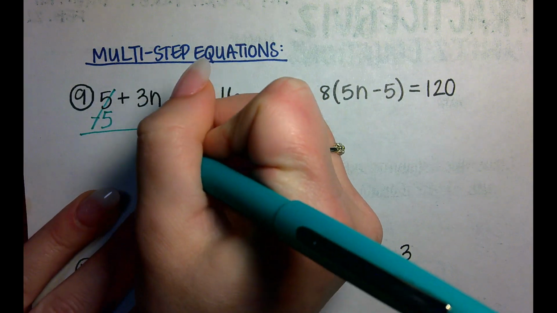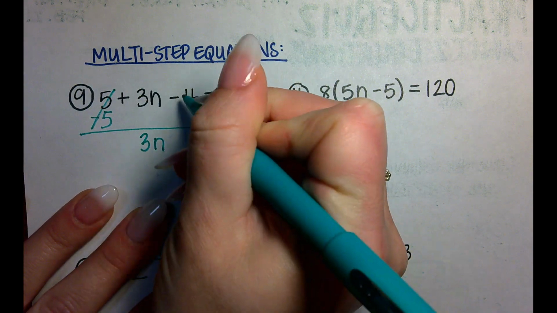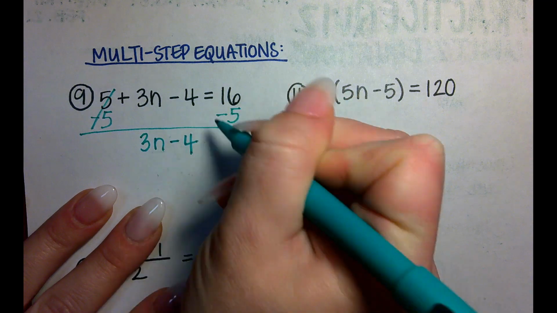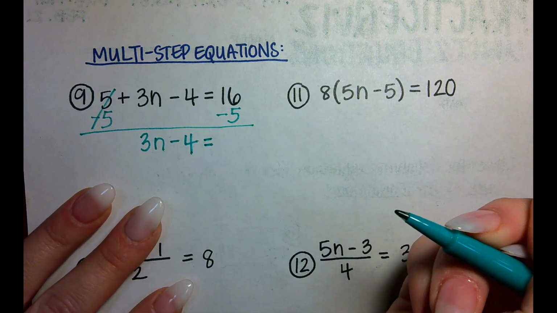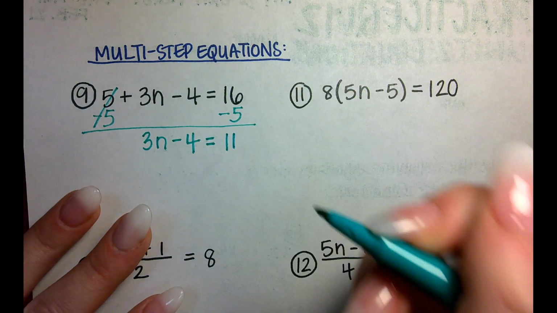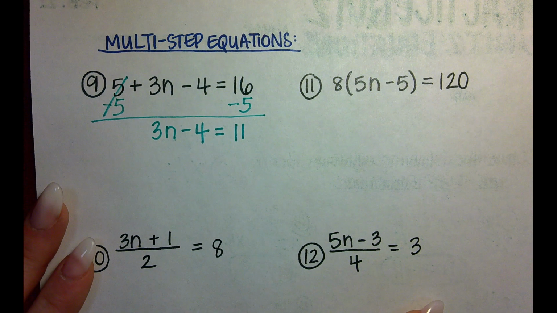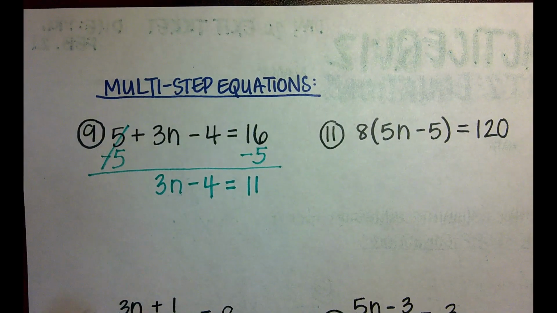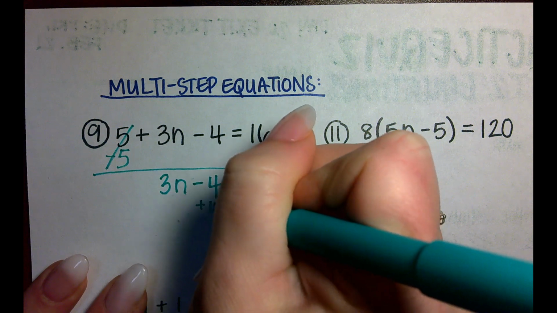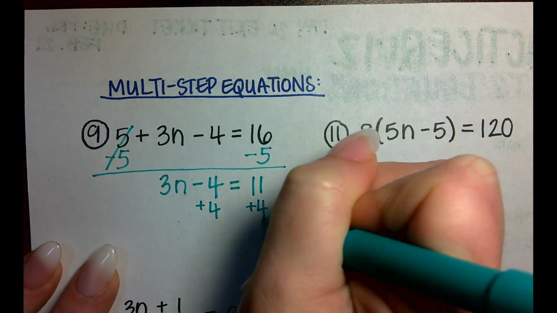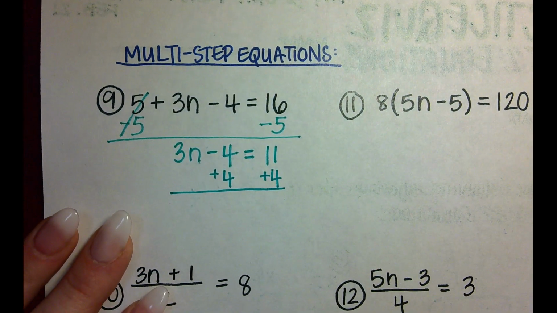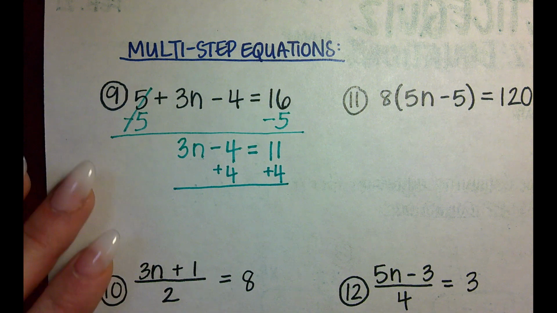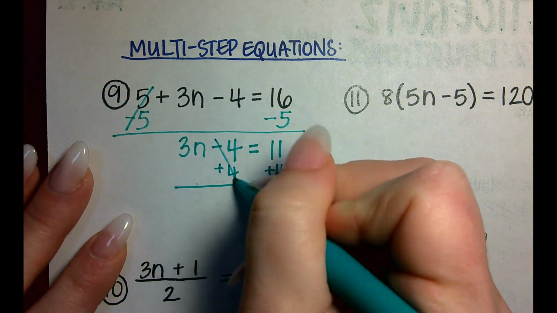So I'm going to write 3n minus 4 equals 11. Now what should I do? You add 4 on each side. Perfect. We'll add 4. And what happens next? The 4's cancel out.